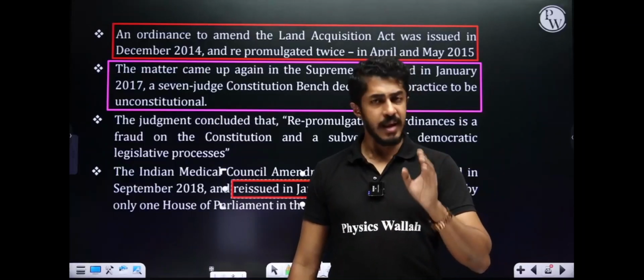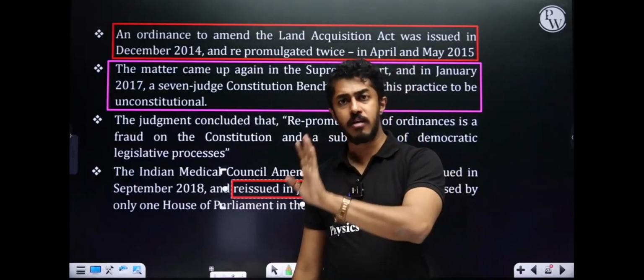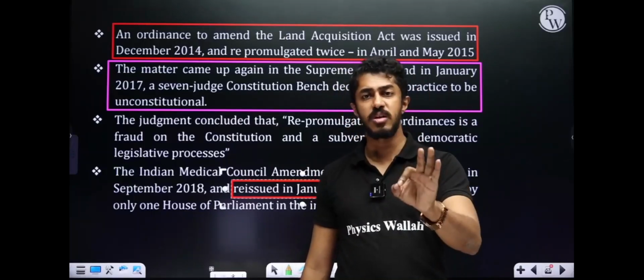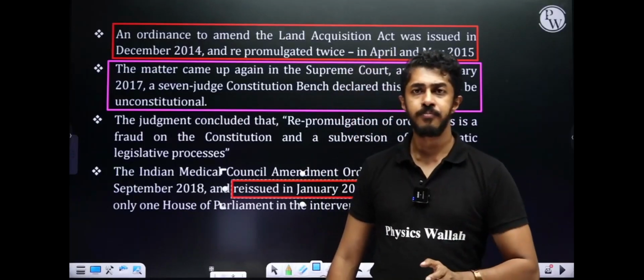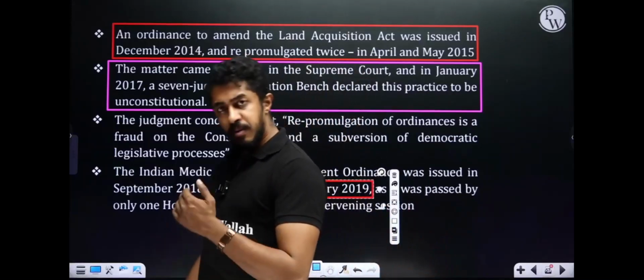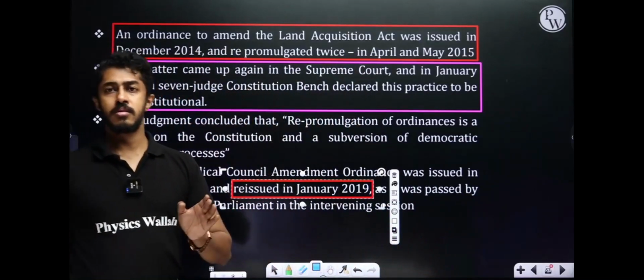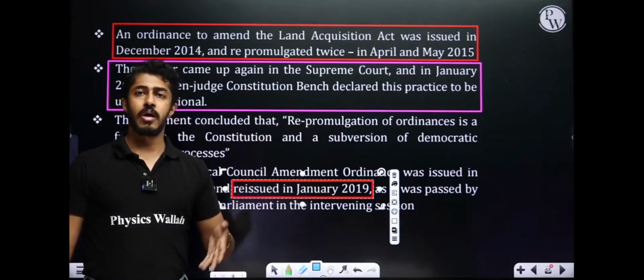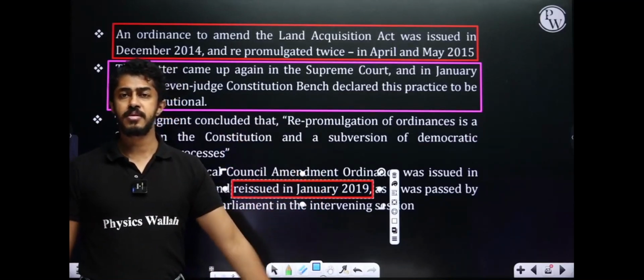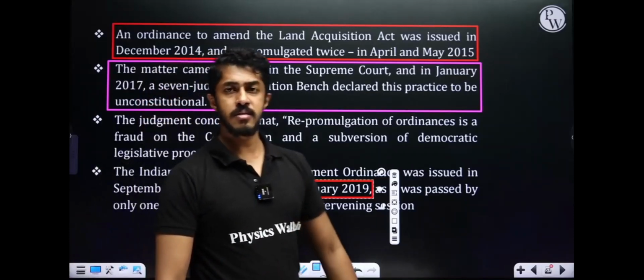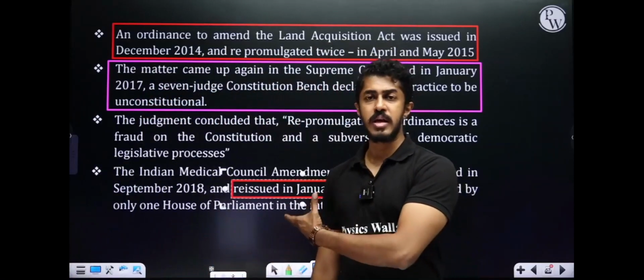Getting the point here? That judicial accountability of the government is actually very limited. The government can still carry on with this. Why? Because they have the majority, they have the numbers. That is the main reason. The opposition was weak at that point of time.